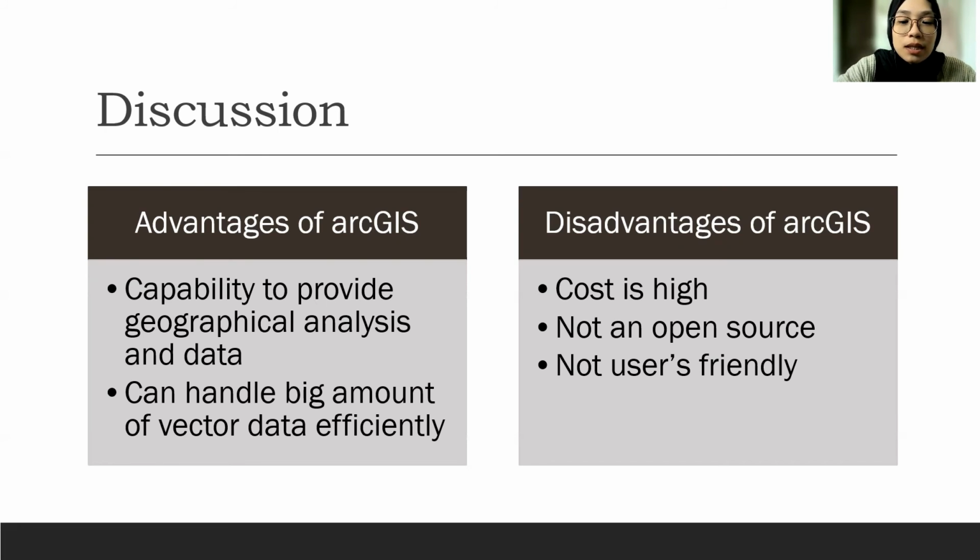Users say that ArcGIS is a highly strong tool that comes with a variety of capabilities. Next, it handles a big amount of vector data efficiently. A significant amount of vector and raster data will be handled accurately and effectively by the program. This is another thing that makes this software simply the best.